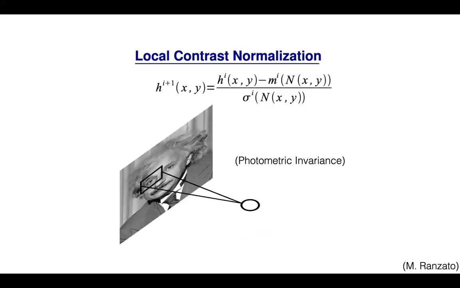And then we have the local contrast normalization that gives a different perspective, because the convolution, we know that it's an operator that is translation invariant. So any feature at any part of the image is going to be detected the same way by a filter that is a convolution filter.